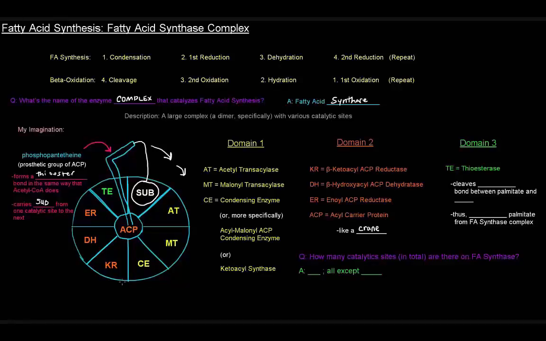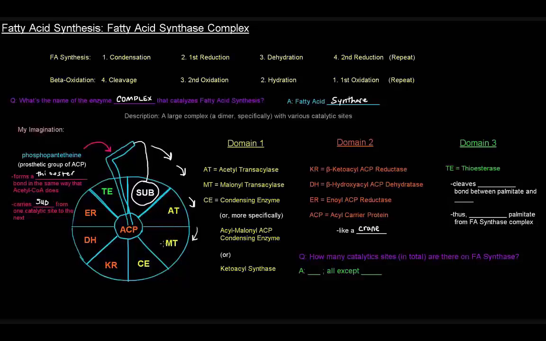That ketoacyl group moves to the next site, which is the beta ketoacyl ACP reductase, depicted by KR here. And then we have the DH, the ER and the TE, and so on. Essentially, it goes in this direction, around the way, and we keep adding 2 carbon units by following this path.